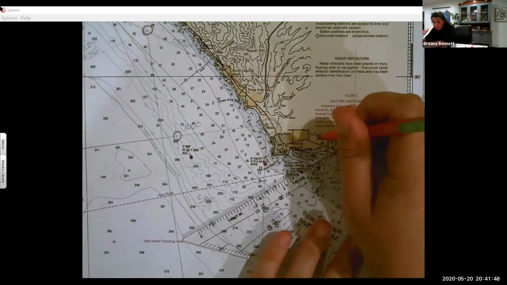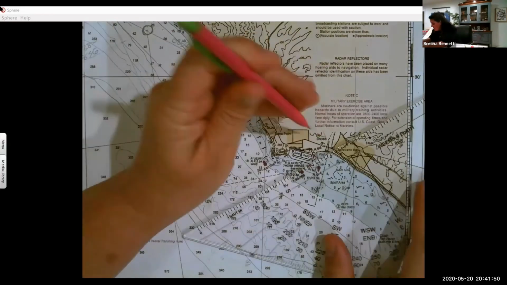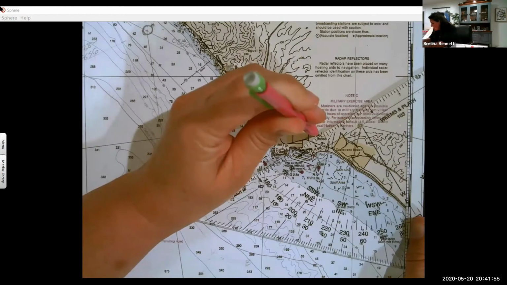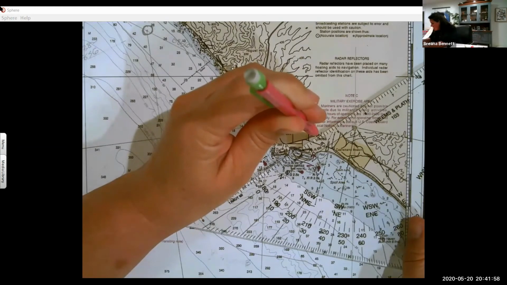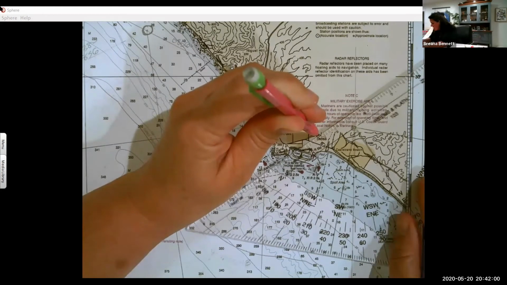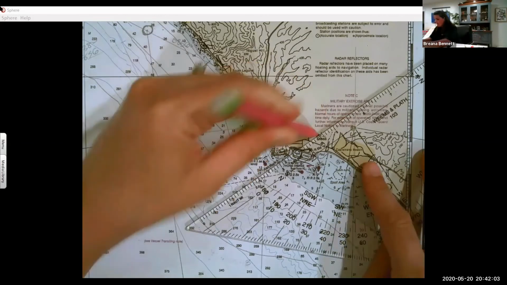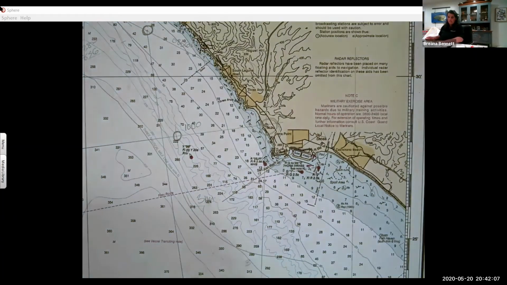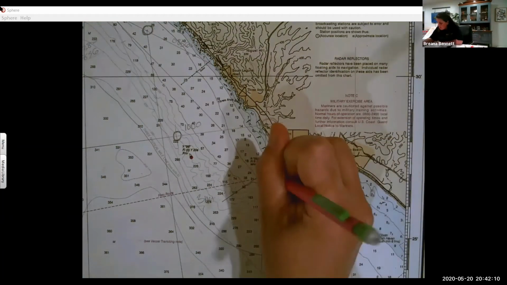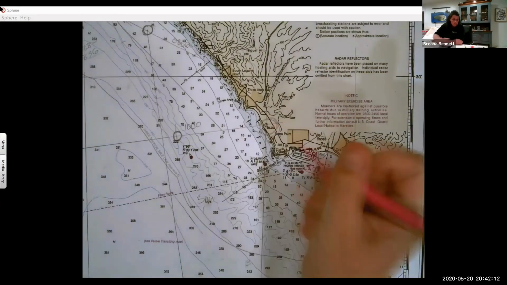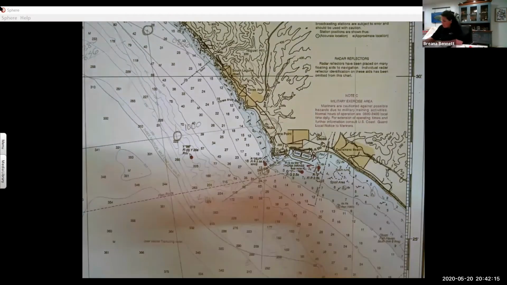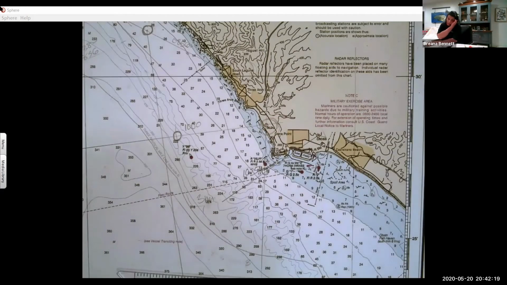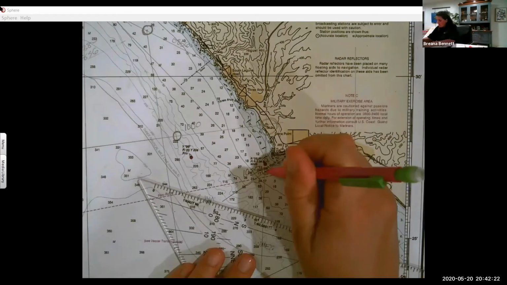I guess I'm taking a shortcut. So I have a 1025 and I am headed 111.